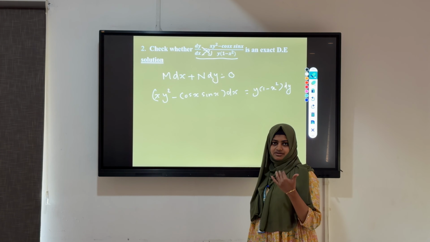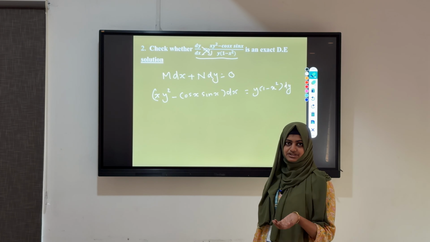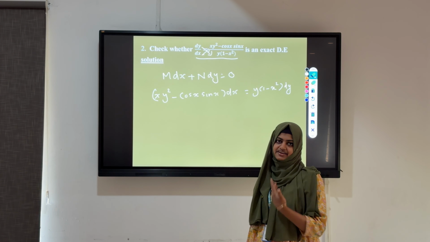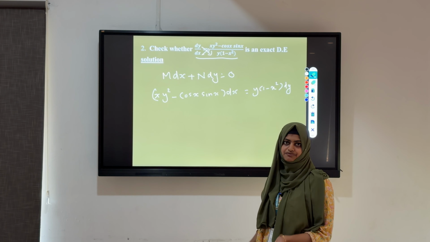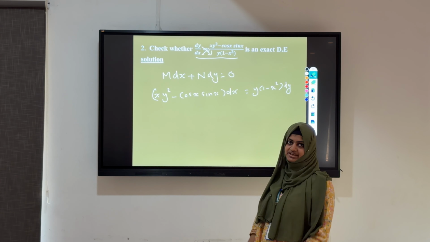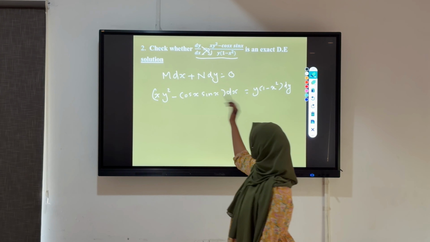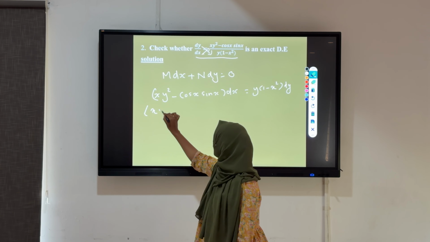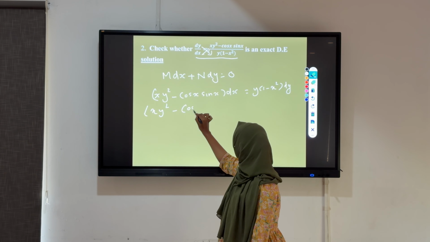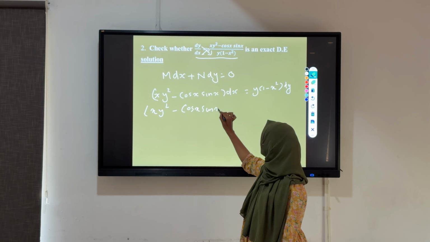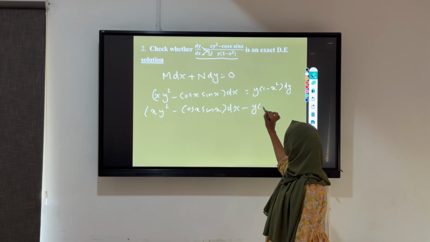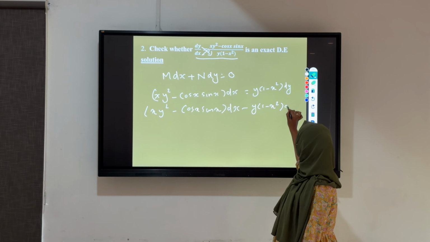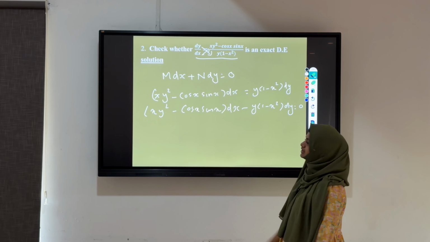Our basic formula is in the form M dx plus N dy equal to 0. So we convert it into that standard form, M dx plus N dy equal to 0. Then (xy square minus cos x sin x) dx minus y (1 minus x square) dy equal to 0.